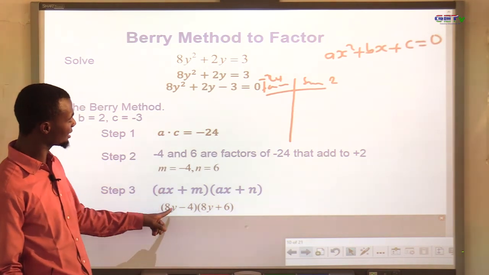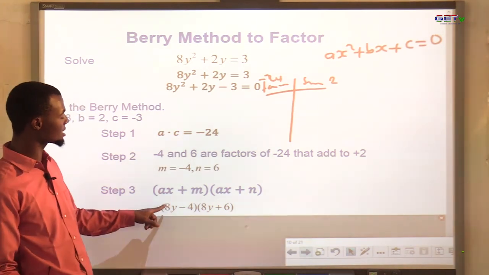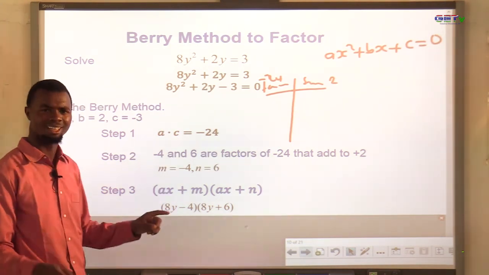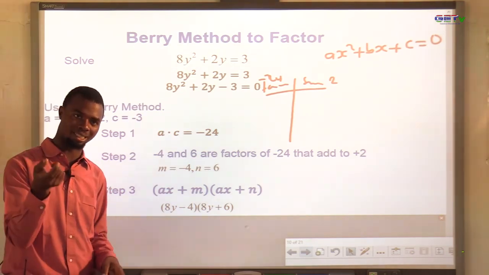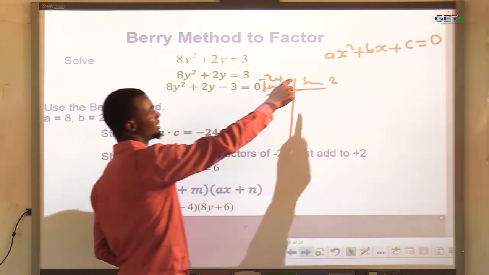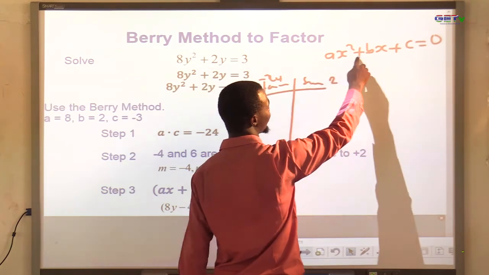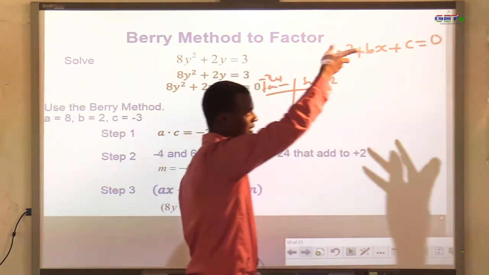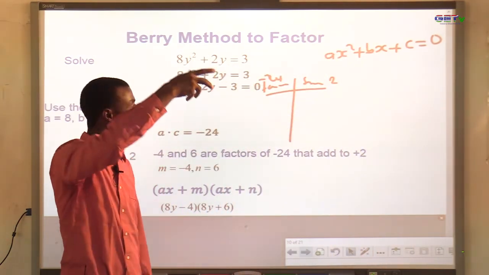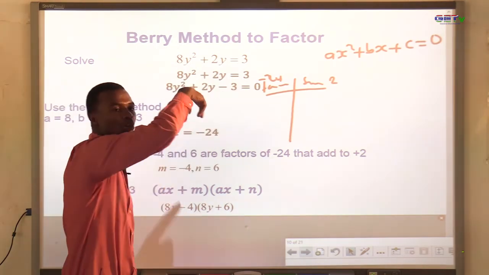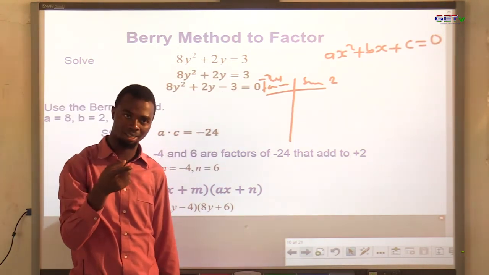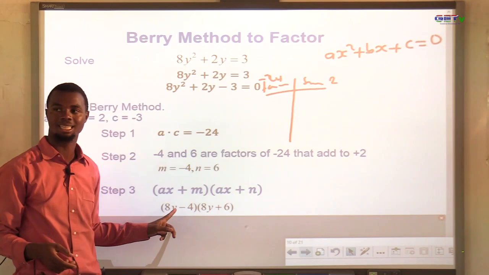You have A as 8y, A as 8. This x is just the variable of the quadratic equation. Here we have ax squared plus bx plus c as a sample quadratic equation, but here the variable of the quadratic equation is y. That is why you have to write it as 8y.